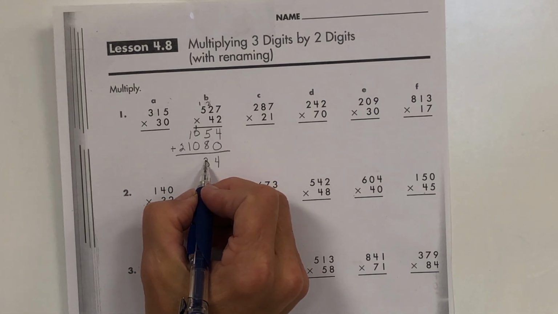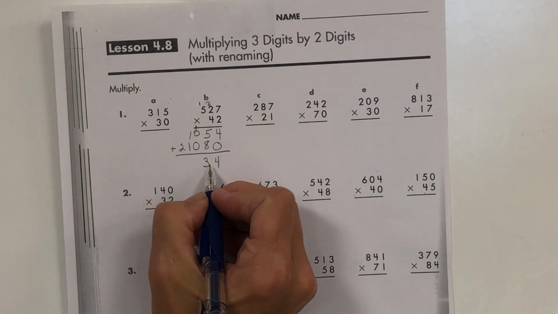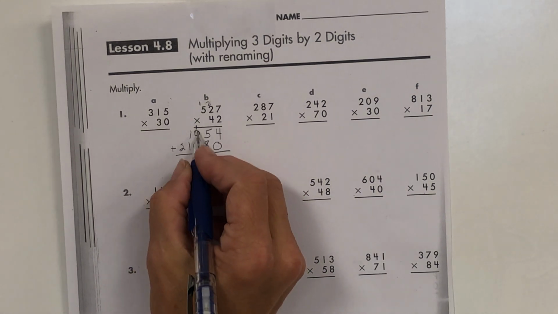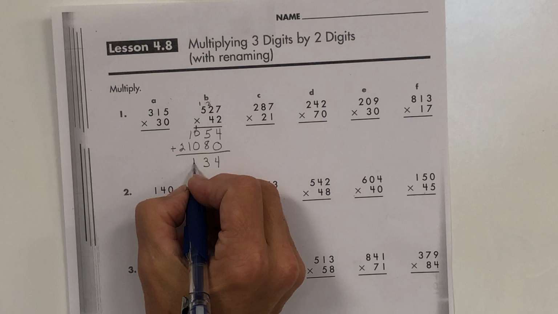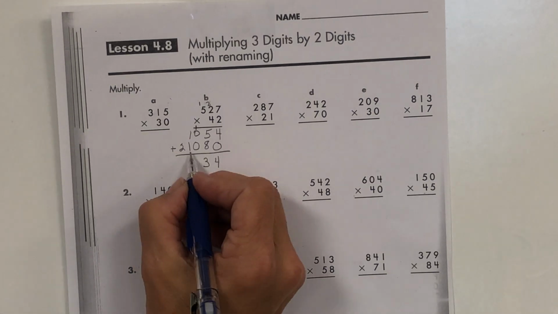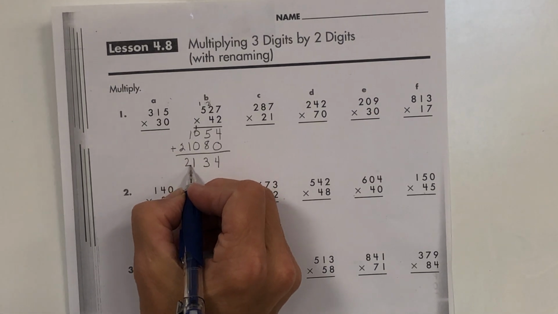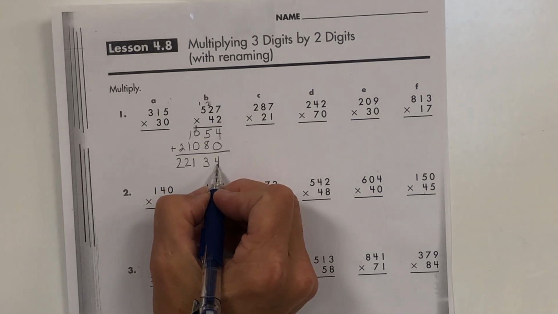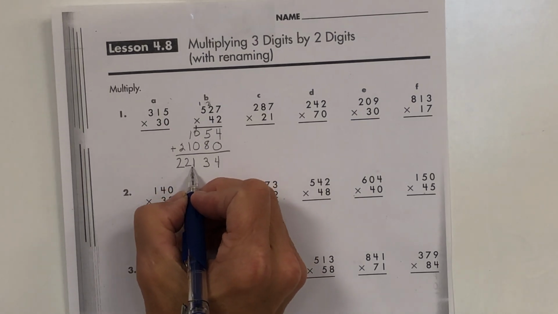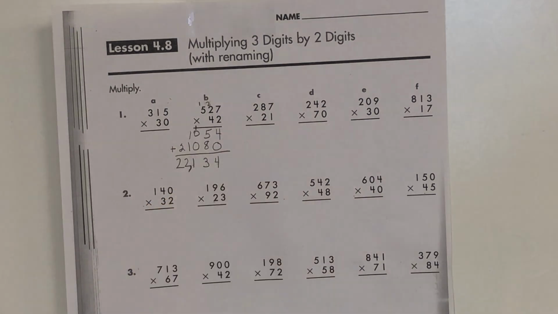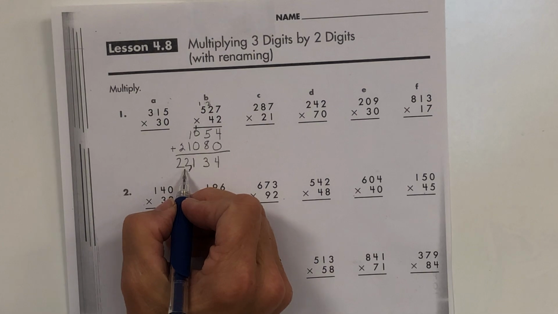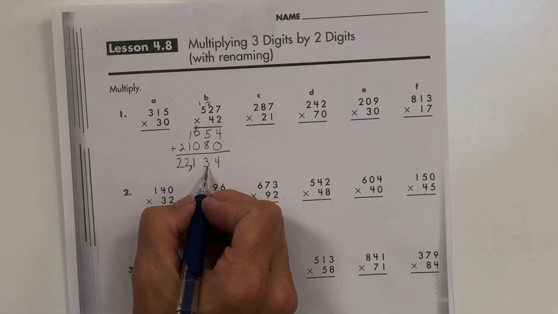You put whatever's in your ones first, and then you carry what's in your tens. And then 1, 0, 0, you bring that down. And then 1 plus 1 is 2. And then 2. And then you count 1, 2, 3, and put your comma in front. The product is 22,134.